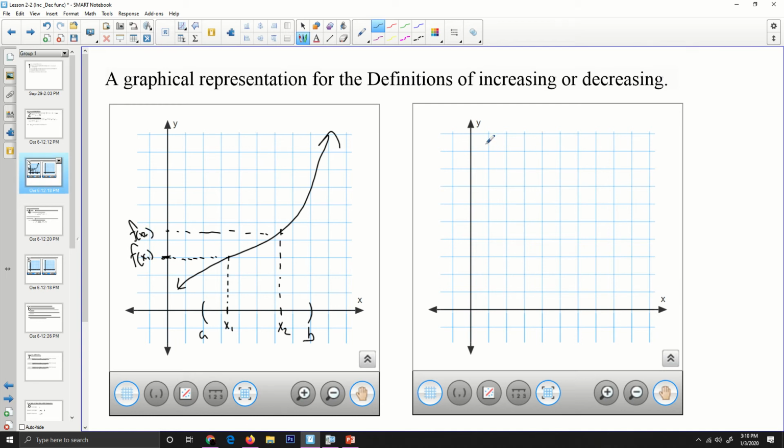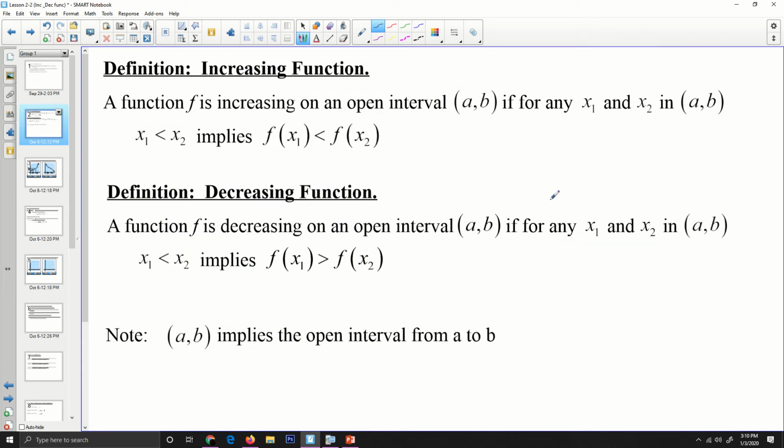For a decreasing function, you get something similar to that. So let's say I call this a, and I call this b, and I again pick an x1 and an x2 so that x1 is less than x2. That's going to imply that f of x1 is greater than f of x2.